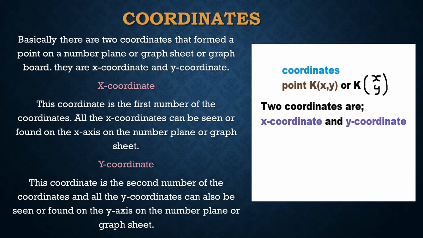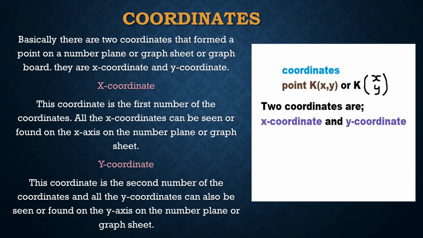So these two coordinates are the x coordinate and the y coordinate. Always the x coordinate comes first. The x coordinate is the first number of the coordinates.